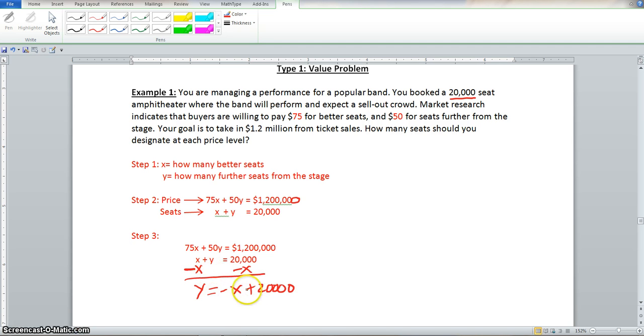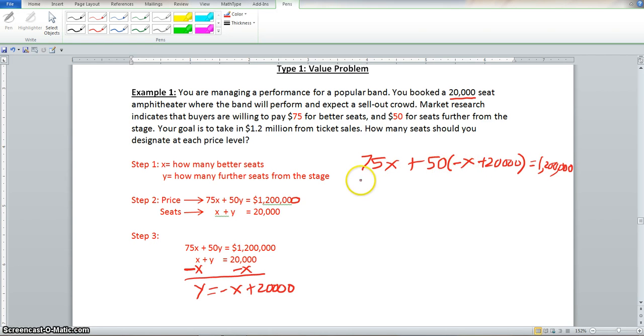Now what we need to do is substitute this value in for the y in the top equation. So I'm going to write it up here to give myself more space. So I will have 75x plus 50 times negative x plus 20,000, and that is equal to 1,200,000.